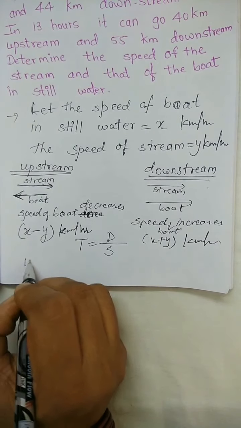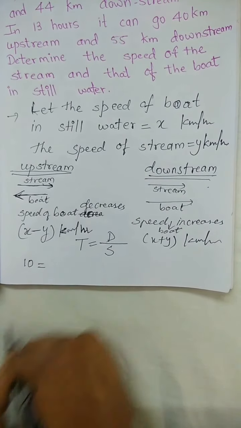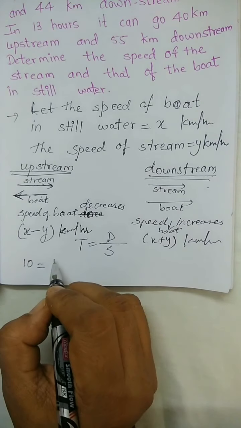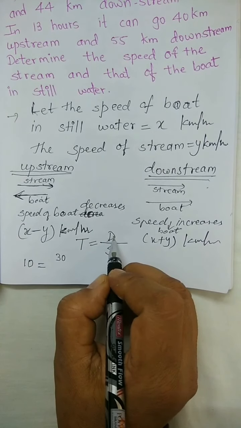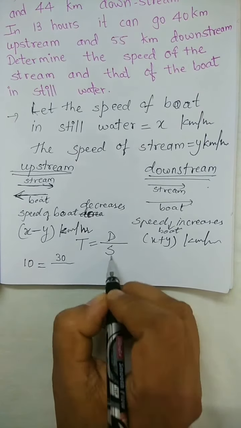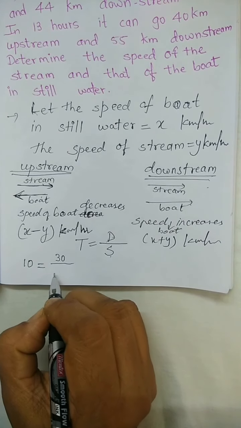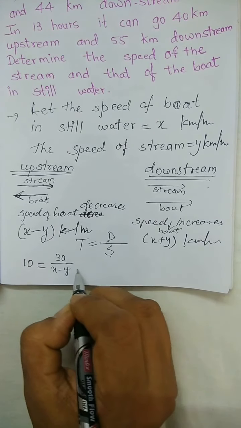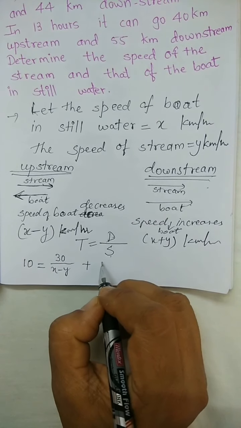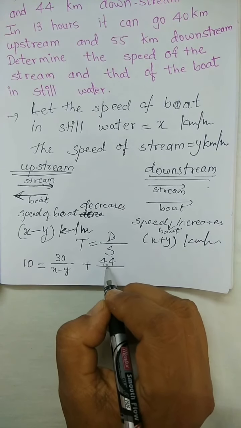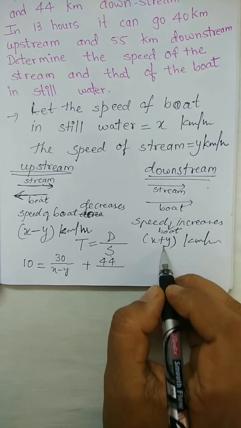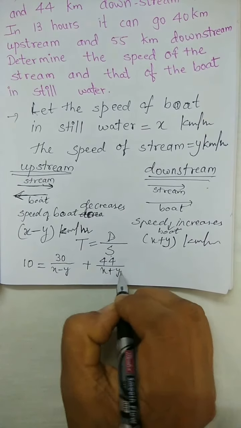Now for the first condition, time is 10 hours. How much distance? 30 kilometer upstream. So distance is 30. Upstream means speed will be x minus y, plus downstream distance 44. Speed will be, in downstream speed is more, x plus y.